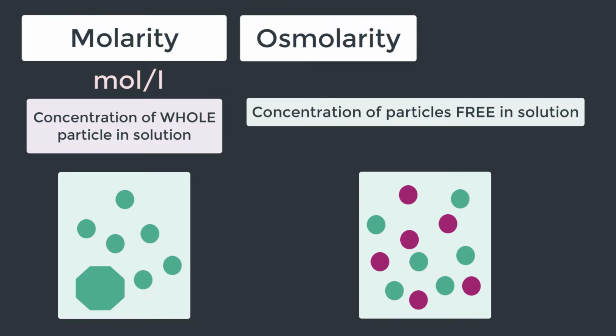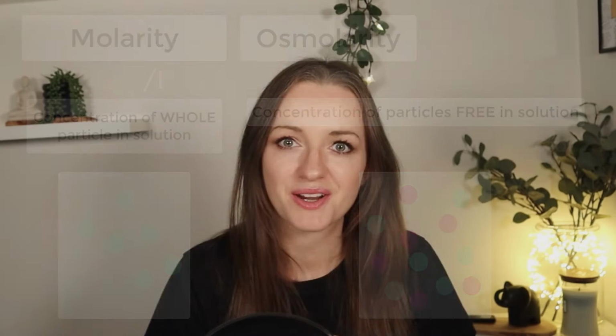So osmolarity is derived from molarity, but it's only referring to the particles which dissociate in that solution. It's the molarity multiplied by the dissociation factor. So, for example, sodium chloride can be regarded as a single substance. You can get 1 mole of sodium chloride.